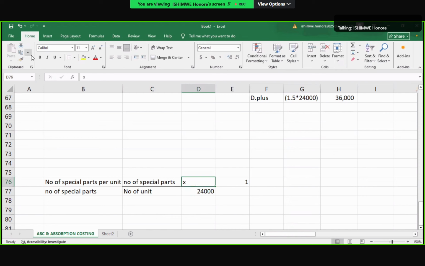Something unknown. If we don't know this X and they have this 1, how can I get this X? Cross multiplication. 1 times 24,000. So it gives you 24,000. If you take 24,000 over 24,000, you get 1. That's why I say number of special parts now is 24,000.